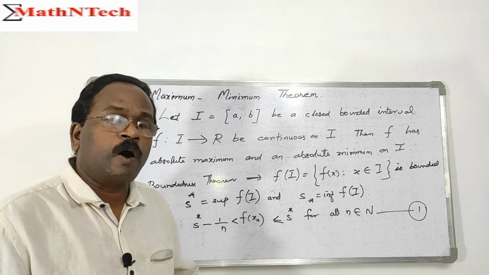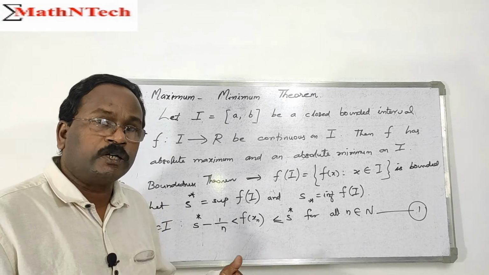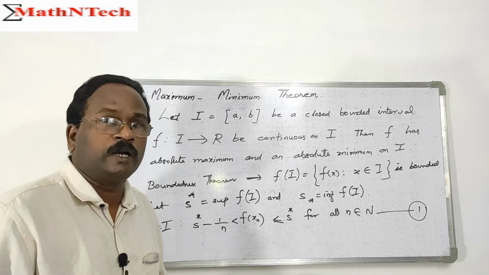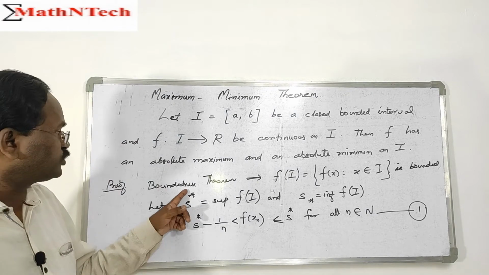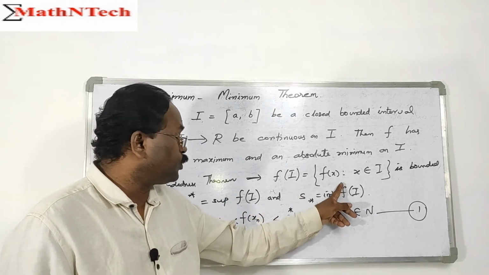But bounded means bounded above and bounded below. Bounded above means it has a supremum value. Bounded below implies it has an infimum value. And we take S star as the supremum of f of I and S star subscript equal to the infimum of f of I.